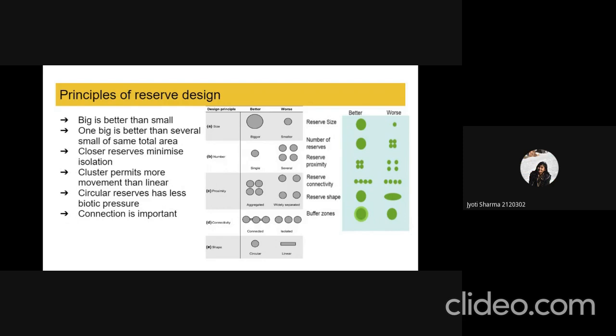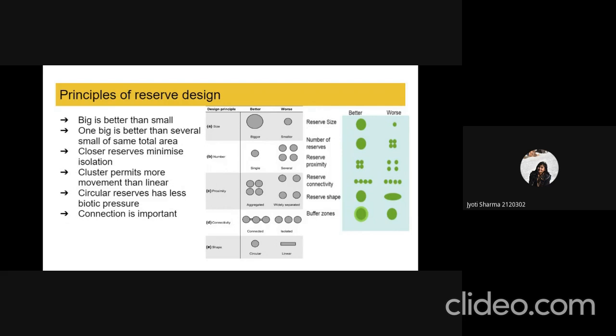The humans, right? Here we can see that in the circular area we have some core area, and if there is an intervention by the humans, if humans are encroaching or interfering, they have to move through a larger area for reaching the core area.